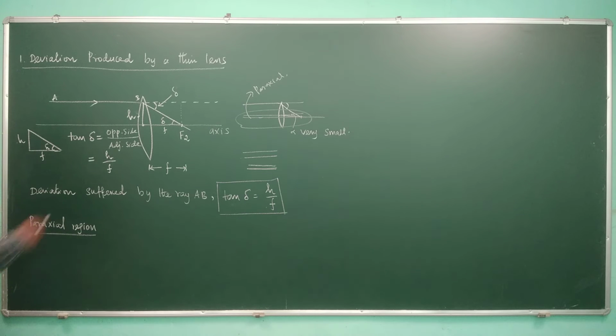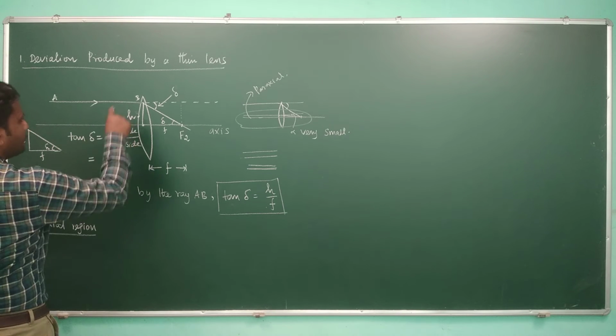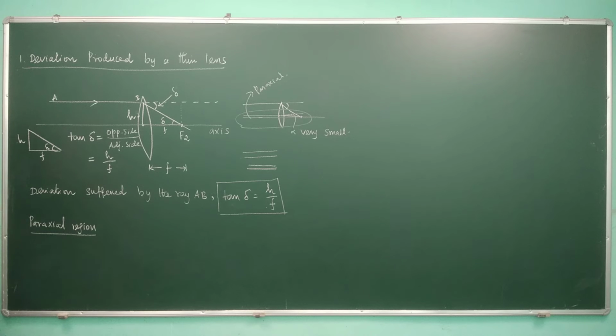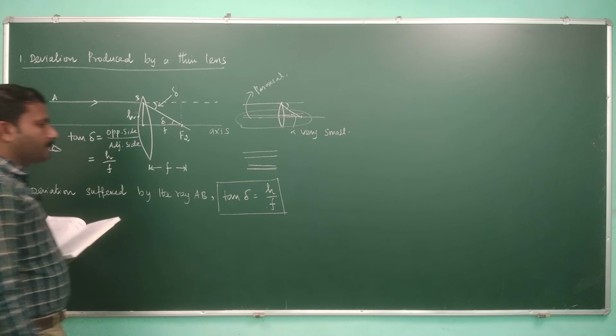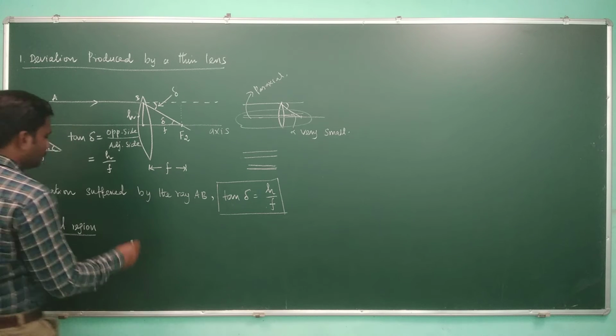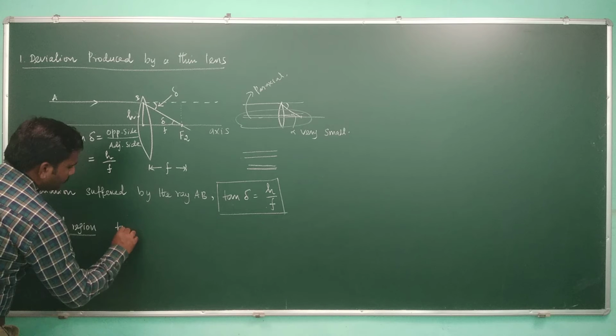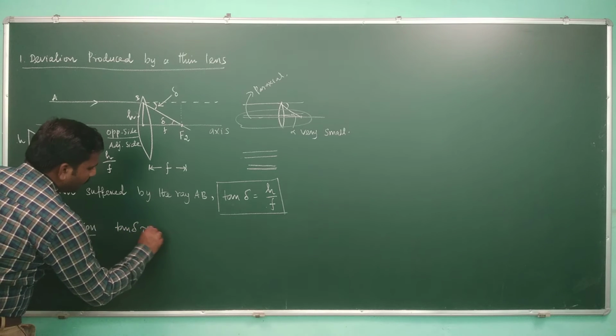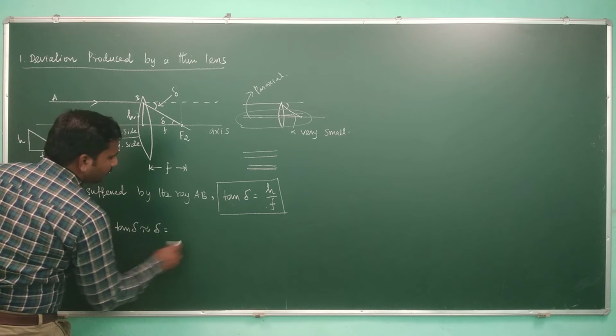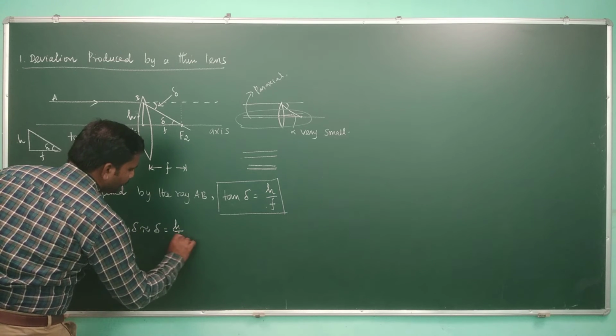So in the regime near the optical axis, for thin lenses, the angle of deviation is very small. In that case, you can approximate tan delta to delta, and that is equal to h by f.